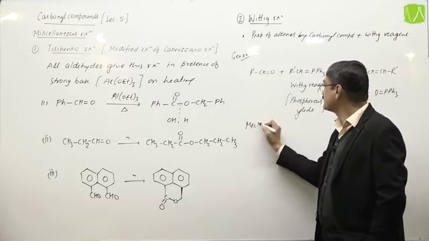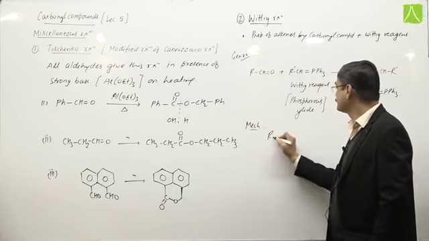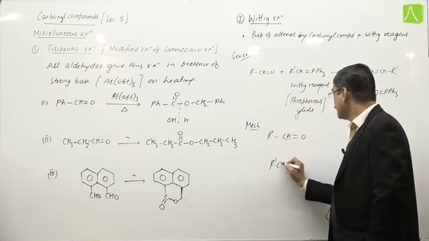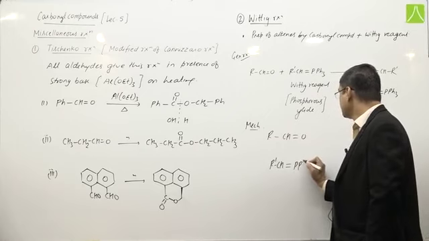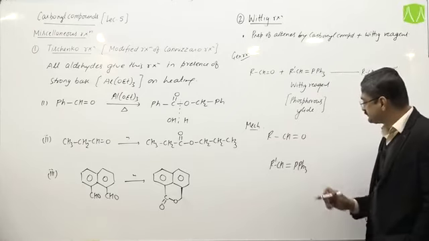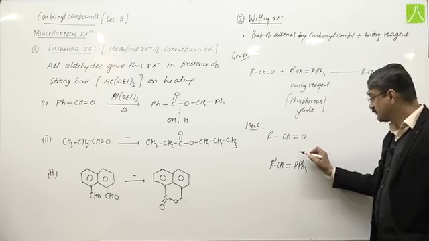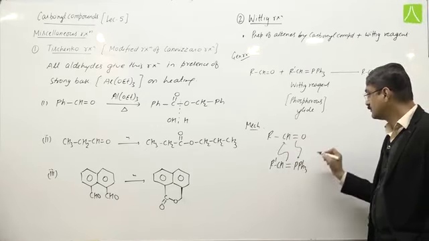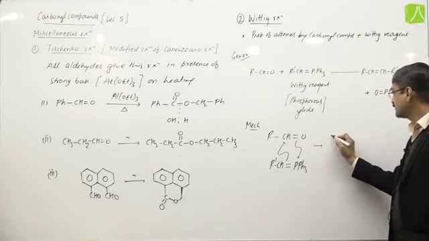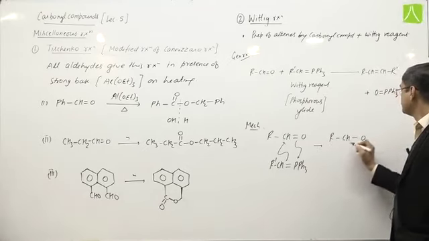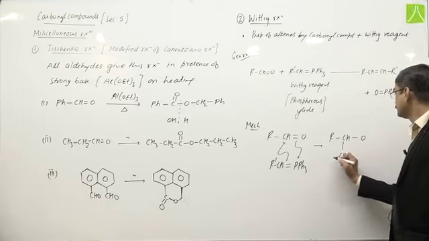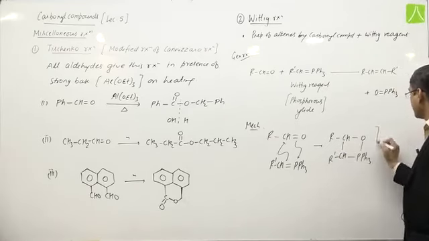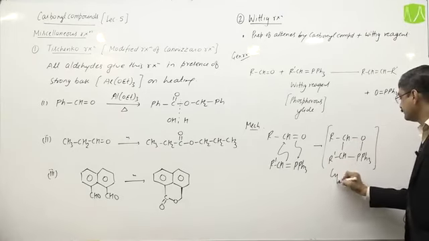Mechanism is like this. RCHO, and R dash CH double bond PPh3. So PPh3 gains the electron like this. A cyclic transition state is obtained. This is a cyclic transition state.